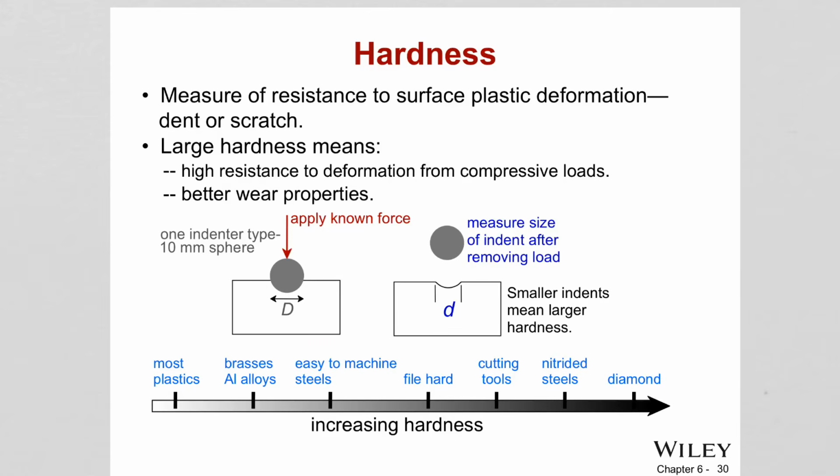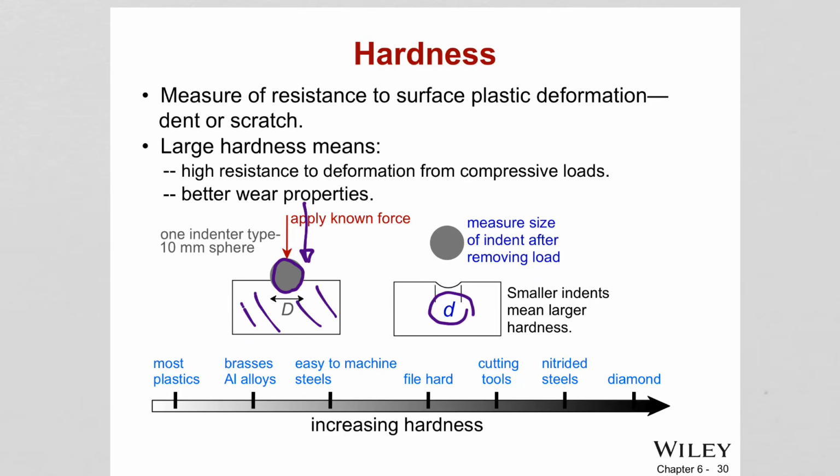So this is your sample here. You press the indenter on the material, and then you measure the diameter of that indentation after you unload it. That diameter will tell you the hardness value of that material.